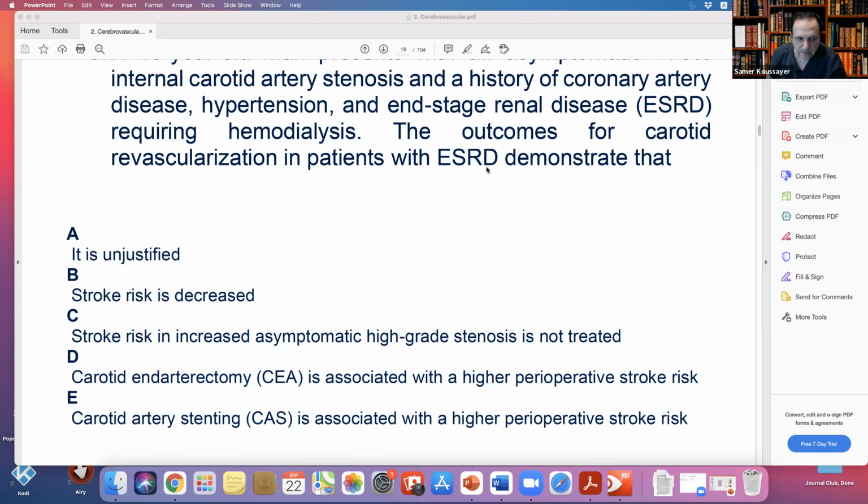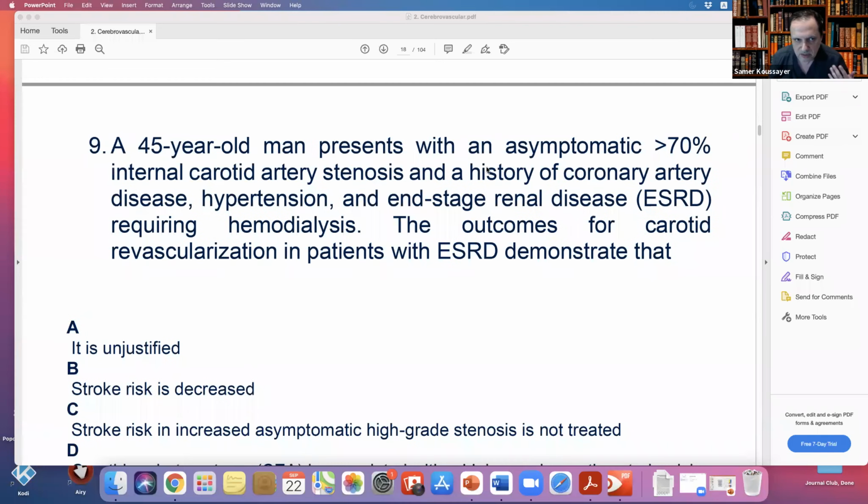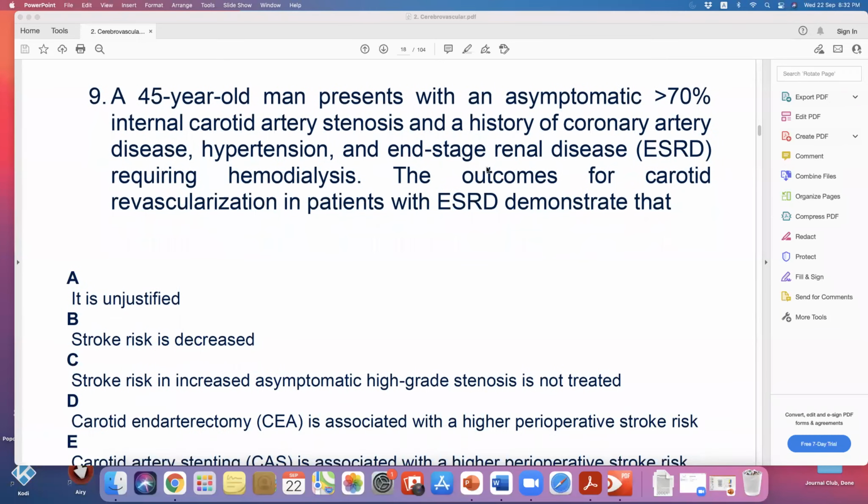But the only thing they found is that if you don't treat this patient, because asymptomatic 70%, you have tendency not to treat him, right? From most what we think. Here they want to tell you that if his patient has renal failure, you may have to be aggressive and treat him because stroke rate they found in this asymptomatic patient is higher than normal patient with asymptomatic 70%.